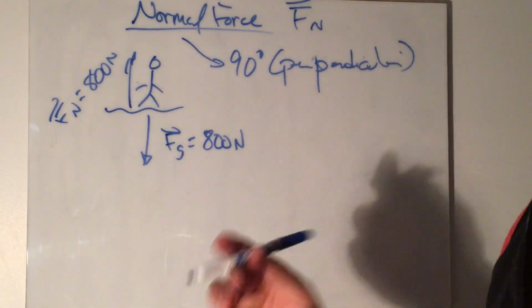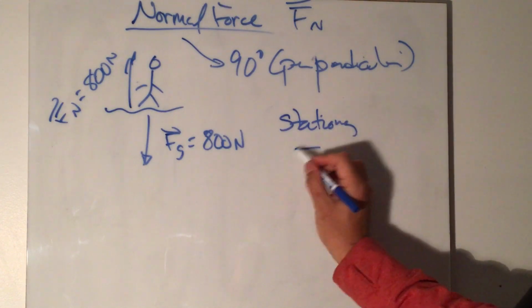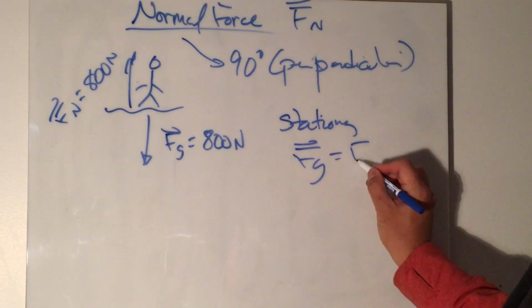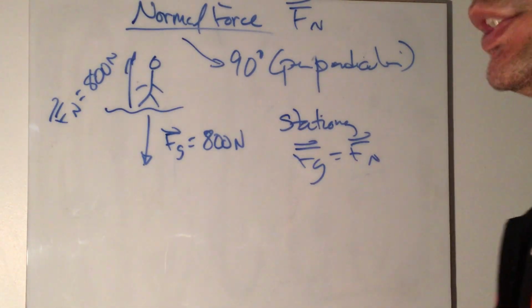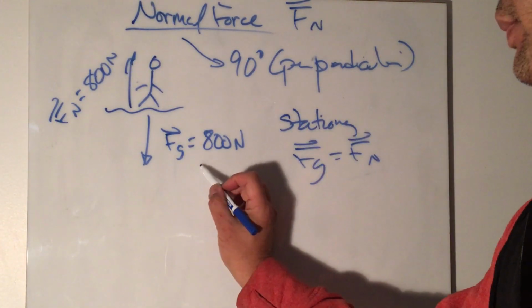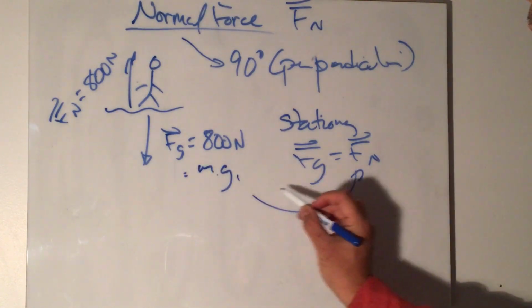Okay, for every object that is stationary, Fg equals Fn. So you don't have to do a whole set of different calculations to find Fn. If you can use Fg equals mg, you get the same thing as that.